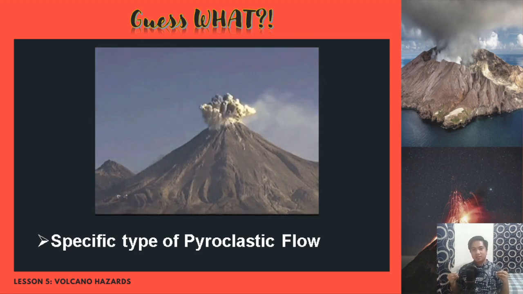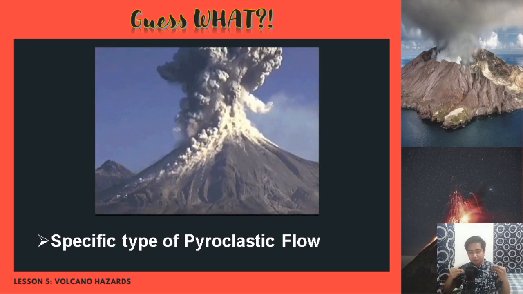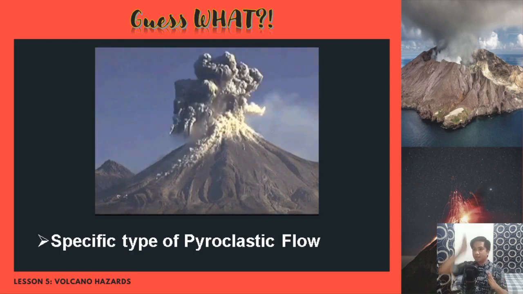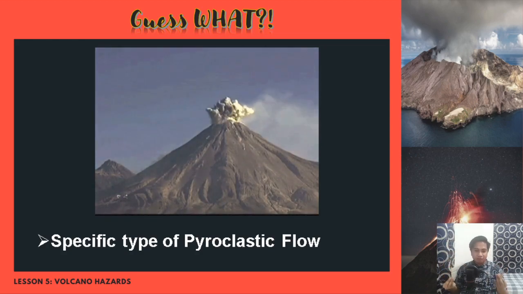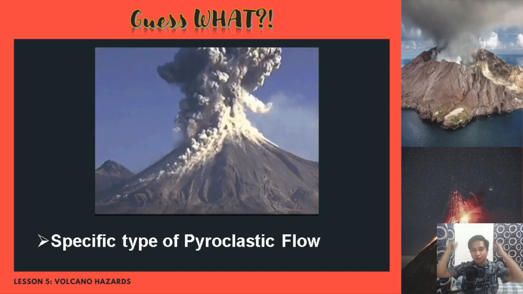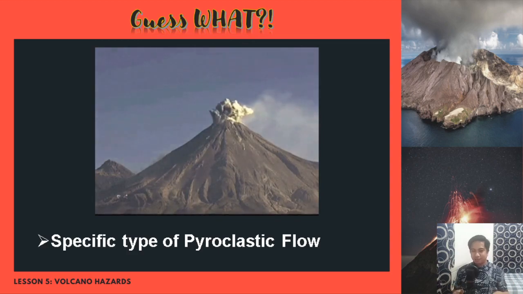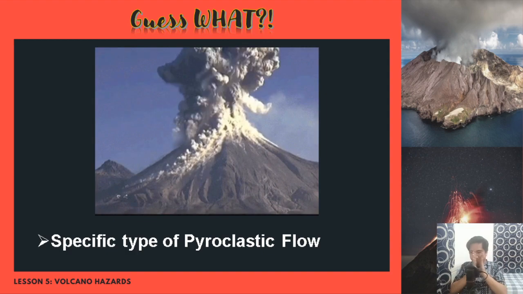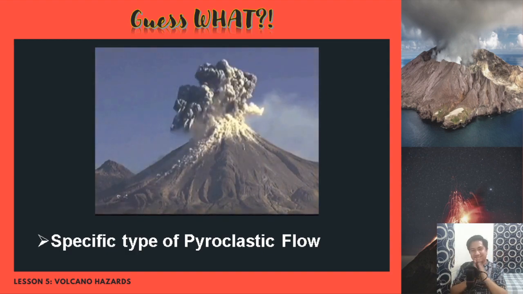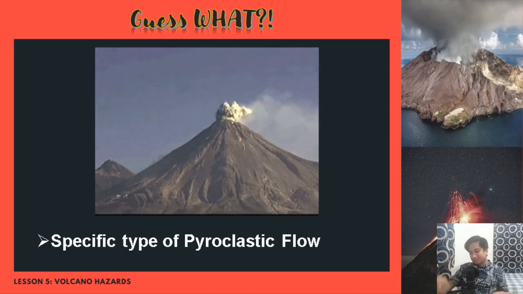If it is a Soufriere type, it is a movement of the pyroclastic flow upwards. So as you can see in the GIF, that is an example of your upward thrust or your Soufriere type of pyroclastic flow. So if you got the 3 correct answers, very good. Ako na lang mag-clap para sa inyo. Okay. Next.